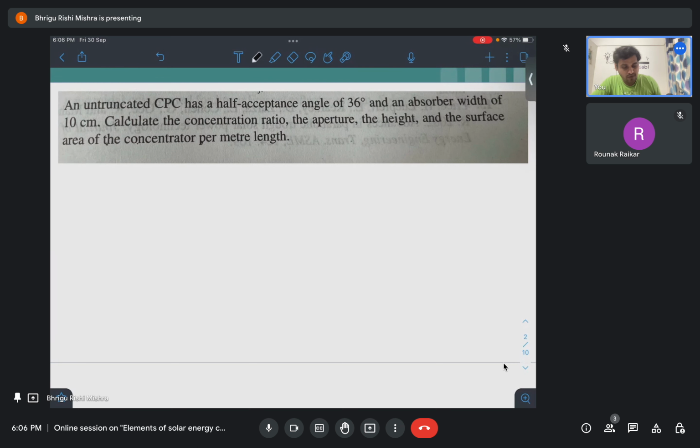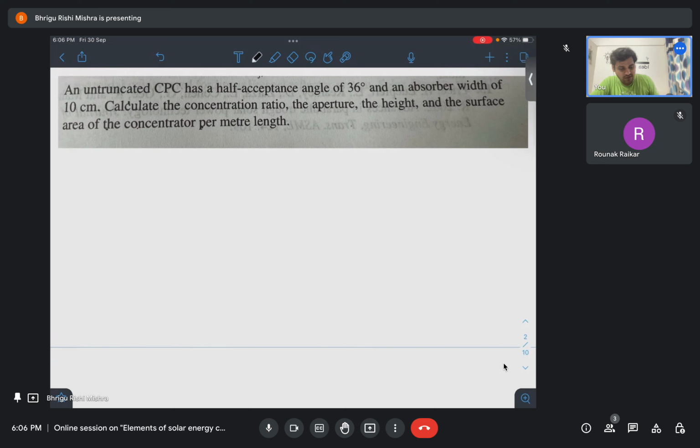So if I can draw a CPC, it looks like this: two parabolas, and then we have a linear absorber, line absorber I can say, or line receiver.